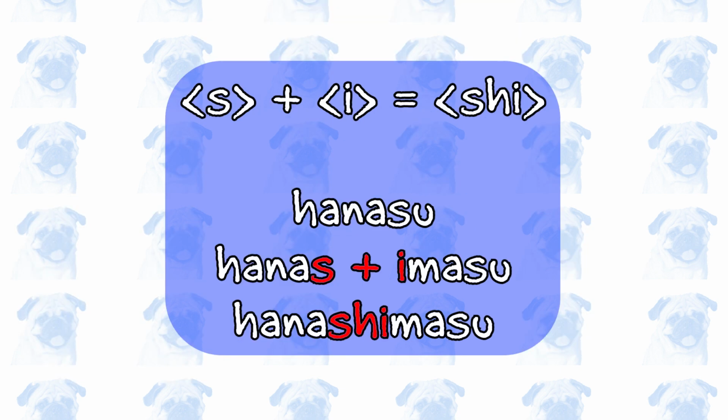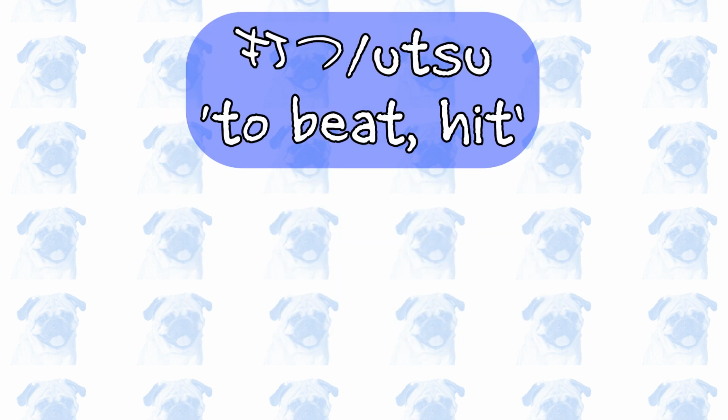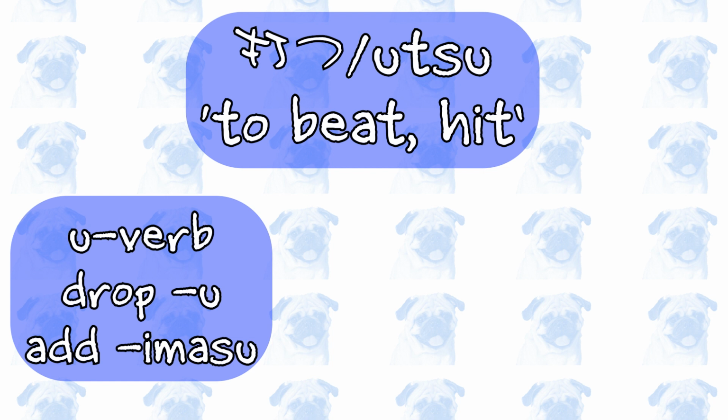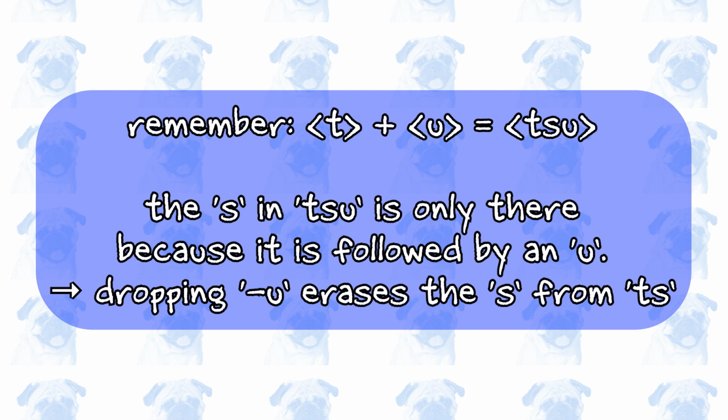Remember that in Japanese phonology, s plus i is always pronounced as shi. Utsu, to beat, to hit. It is a u verb, so you would normally drop the u and replace it with imasu, but be careful in this case, because this word ends in tsu. The sound tsu appears only when t is followed by u.